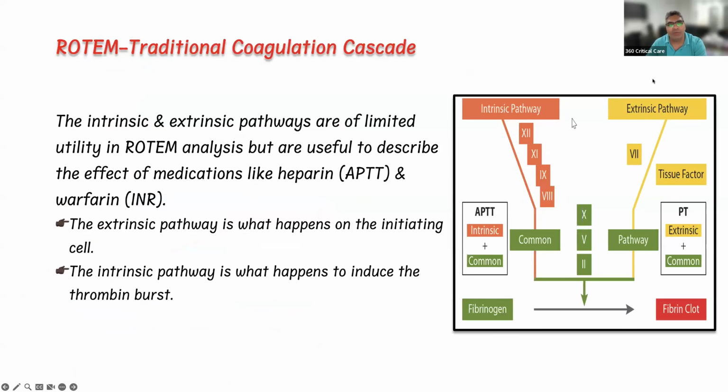The theoretical part of coagulation is usually read as two different pathways, but it's not as simple as this. The in vivo mechanism is pretty complicated, but for easy understanding, we think of an intrinsic pathway and an extrinsic pathway which converge into a common pathway.